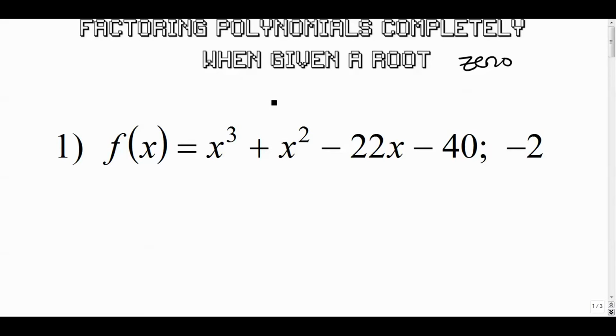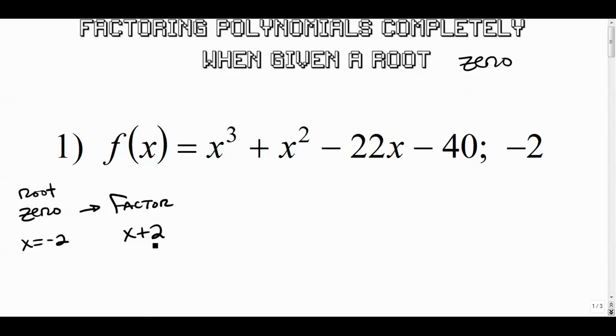So here we go. I'm going to try to factor this thing. Now it's important to know the connection between a 0 and a factor. If x equals -2 is a 0, which it is, it's right here, then x plus 2 is a factor.